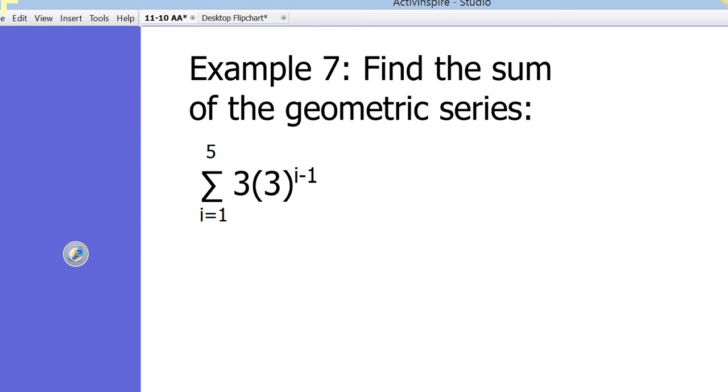Okay, guys, this is the last thing we're doing, so focus, and then you get to start on your homework. Okay. Find the sum of the geometric series. What do you think I do? You plug stuff in.